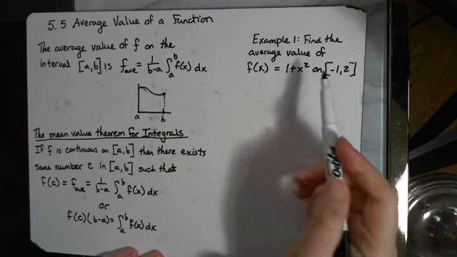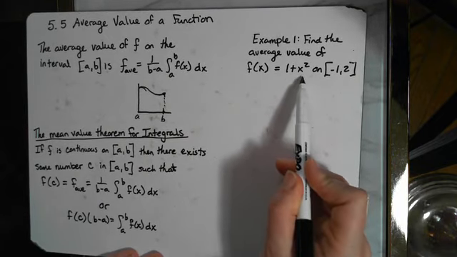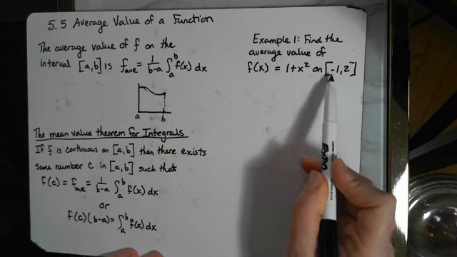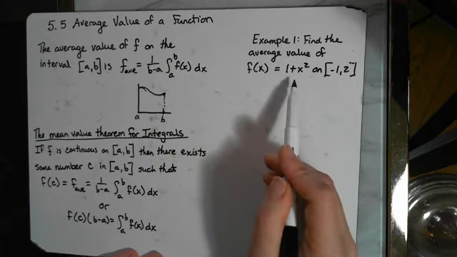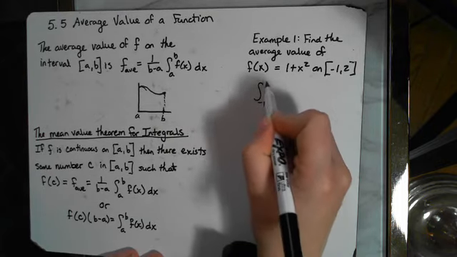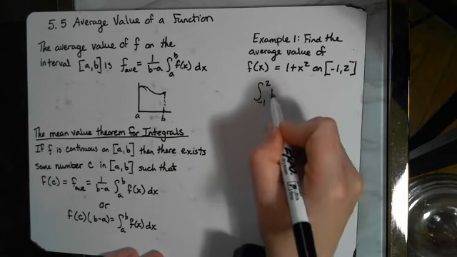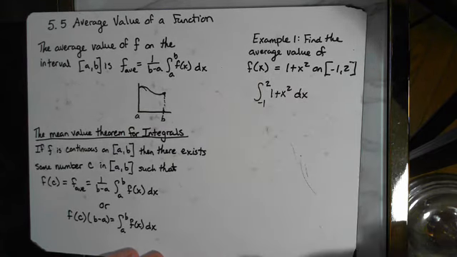Example 1 says find the average value of f of x equals 1 plus x squared on the interval from -1 to 2. So what I would do is put this into my formula. It's the integral from -1 to 2 times the function with respect to x.